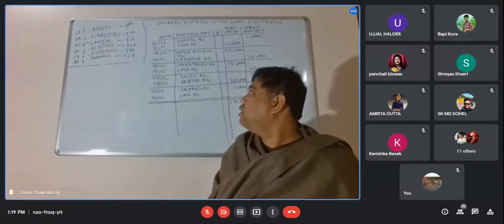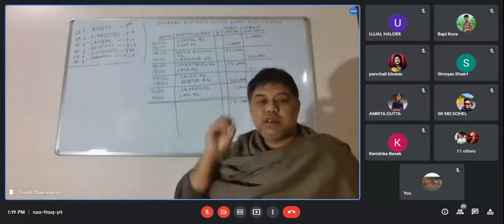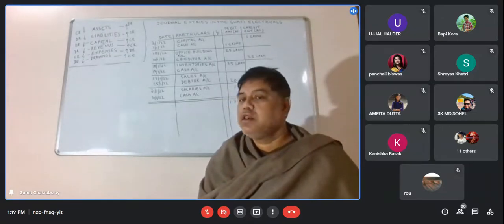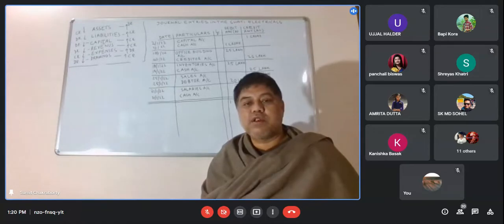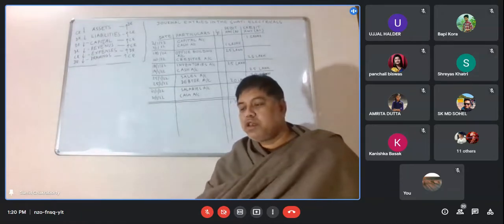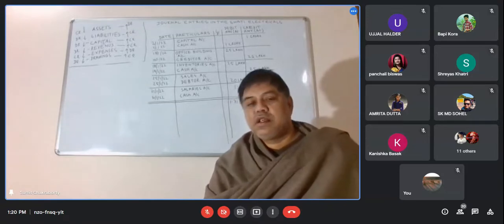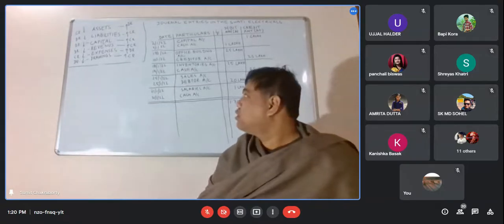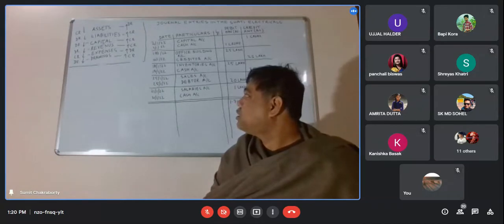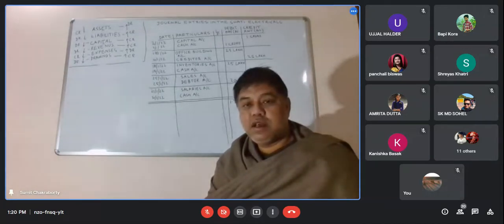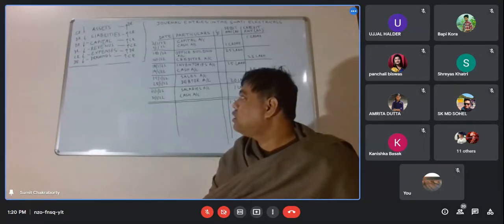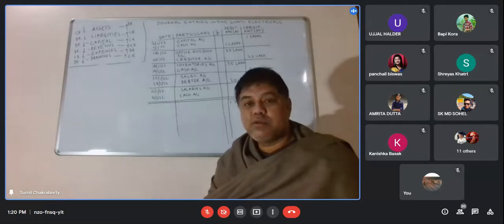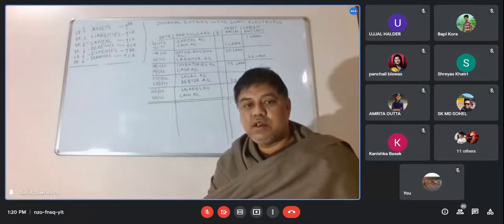Drawings account reduces means it increases the capital account, because capital account minus drawings account is the total capital account. So if drawings account decreases, that means it increases capital account. So decrease means it's a debit. Okay. So capital account gets credited. So drawings account, it's a debit, and cash account should be a credit. Now understood, Kaushik Maji?